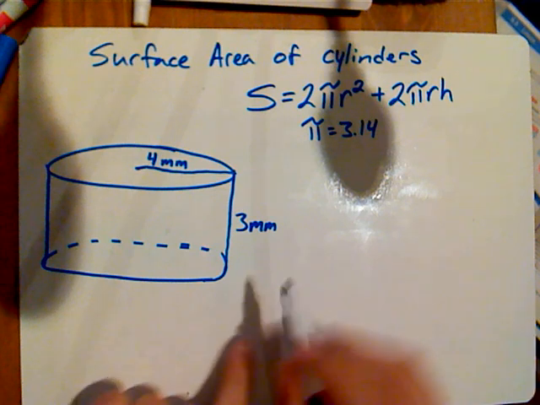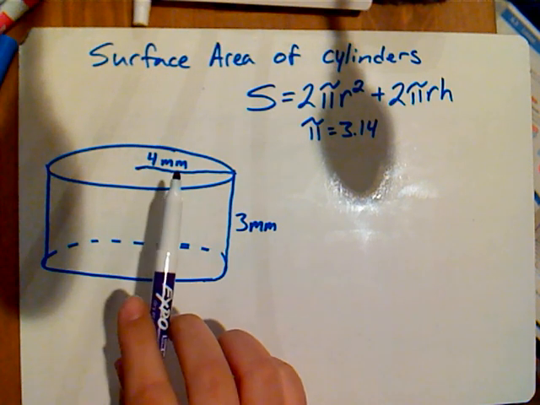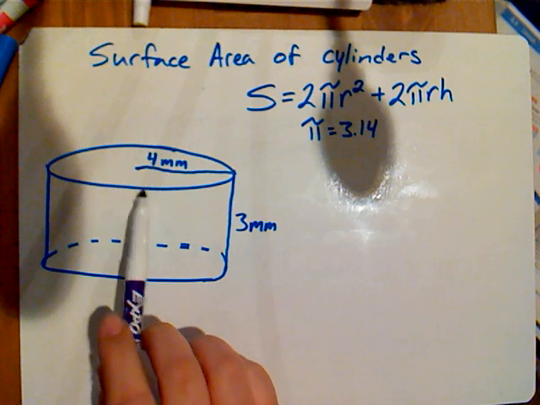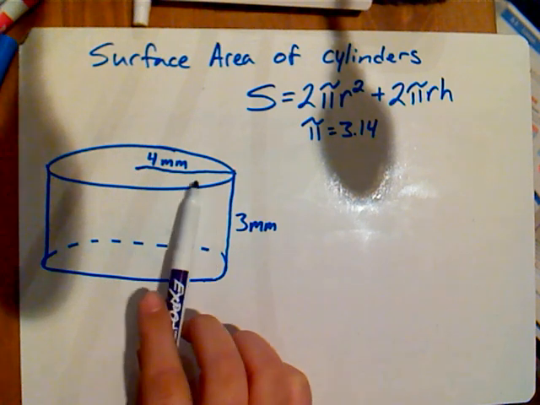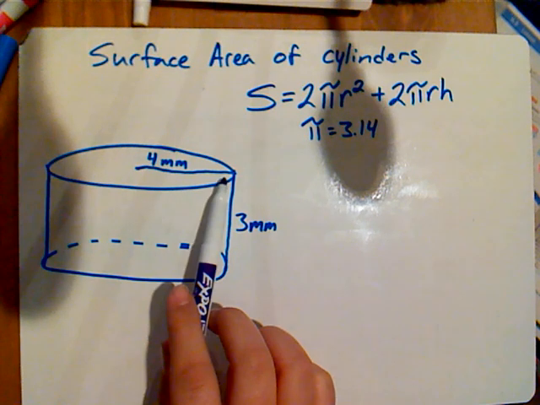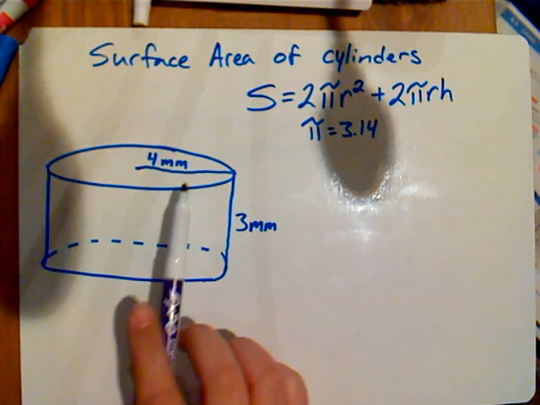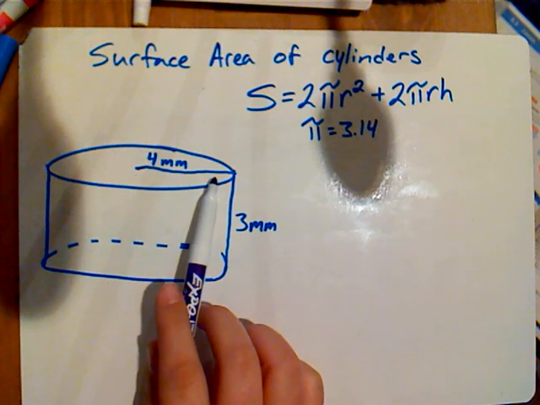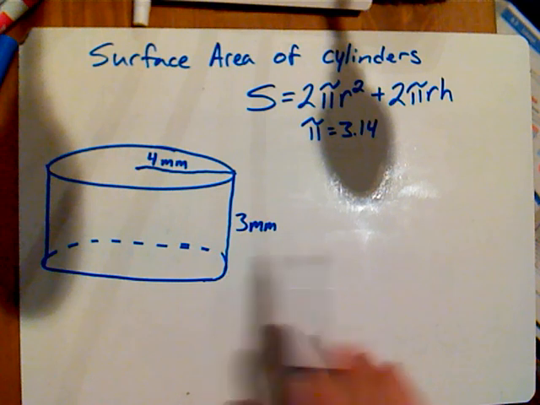All right, so with our cylinder here, we have 4 millimeters as our radius. Remember that the radius is half, okay? The full length is the diameter, half is the radius. We want the radius. So 4 millimeters is our radius, 3 millimeters is our height.